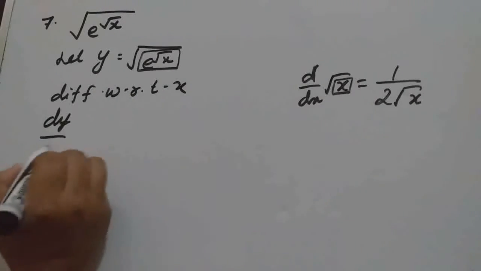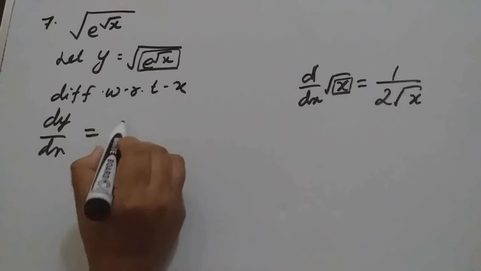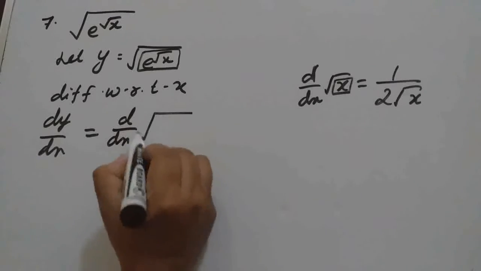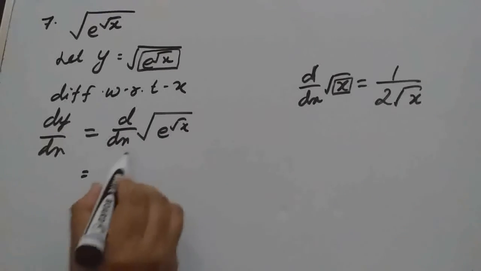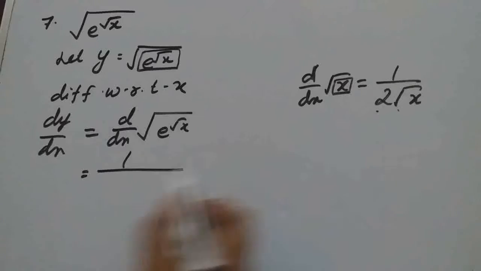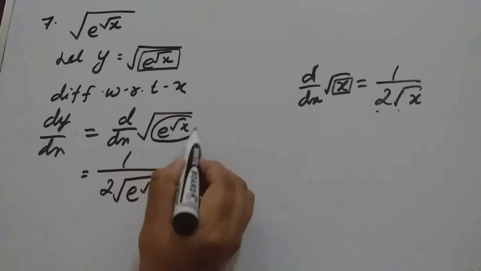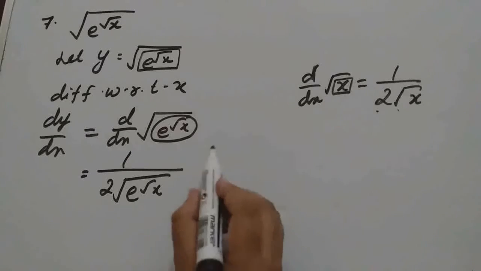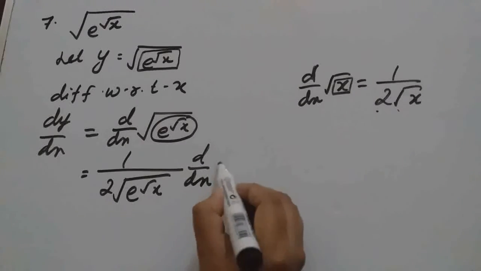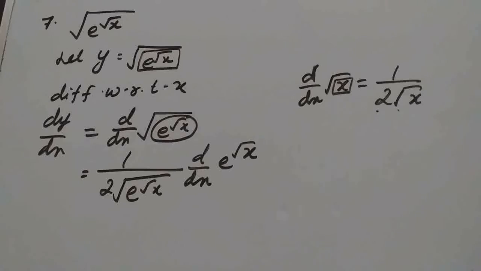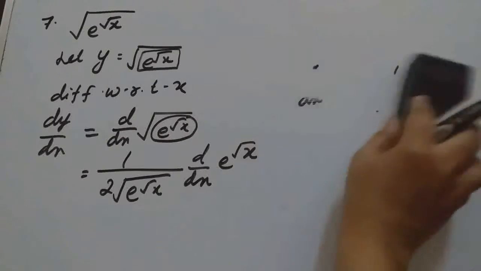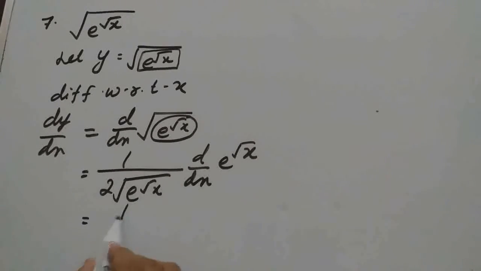If you use the formula, what will come? 1/2 times the root of the same function will come. But since this is a composite instead of x, we'll take the derivative of e^(√x). Now in the next step it will be the same, 1/(2e^(√x)).